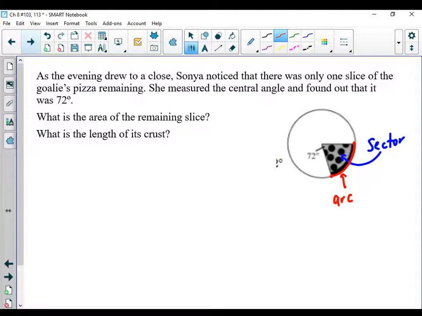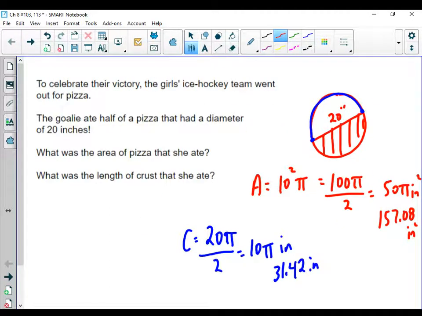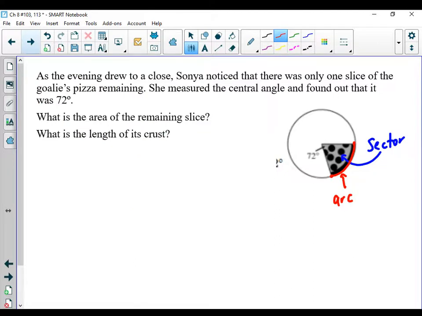So on this one, they say that as the evening drew to a close, Sonia noticed that there was only one slice left of the goalie's pizzas. That was the one we did originally, the one that had a diameter that was 20 inches. So this was a 20-inch diameter pizza.